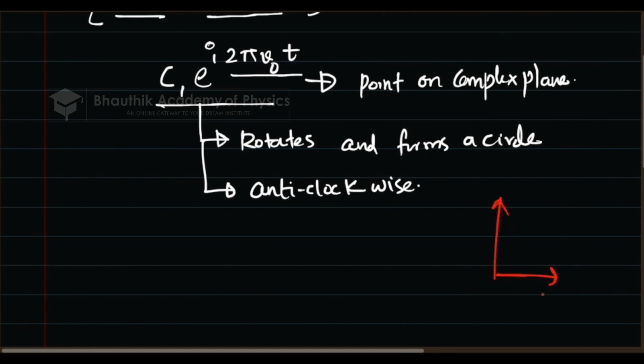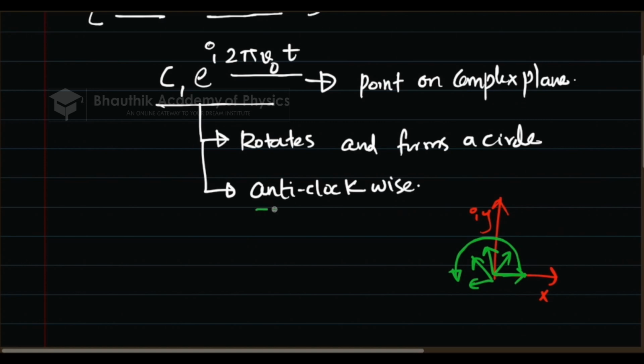If this is my axis x and iy, and this is some vector with theta equal to 0, as theta increases, the vector rotates this way. So basically it is rotating anti-clockwise. When theta increases, the corresponding vector rotates anti-clockwise.